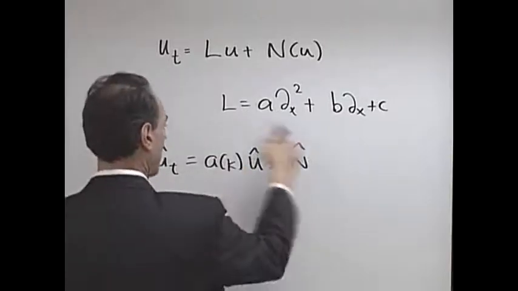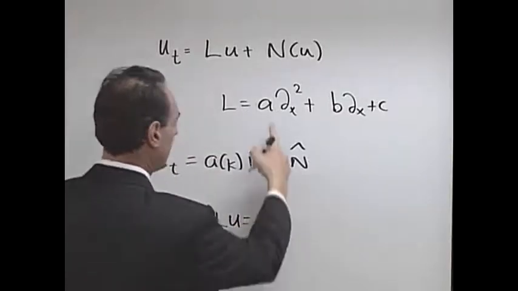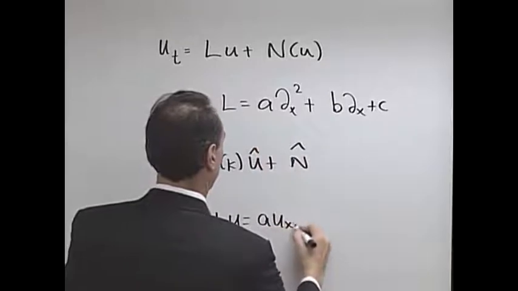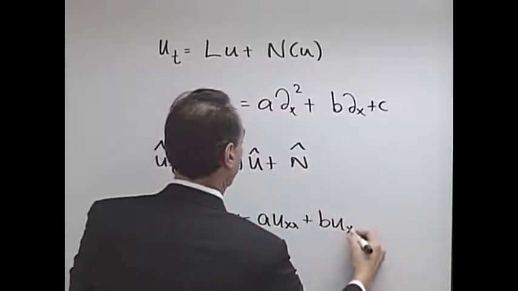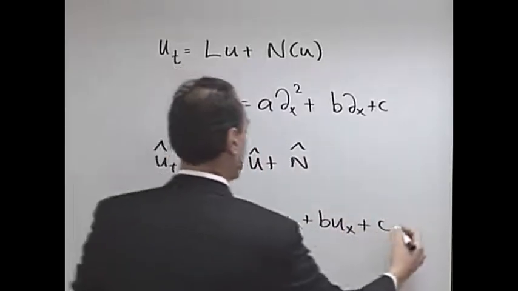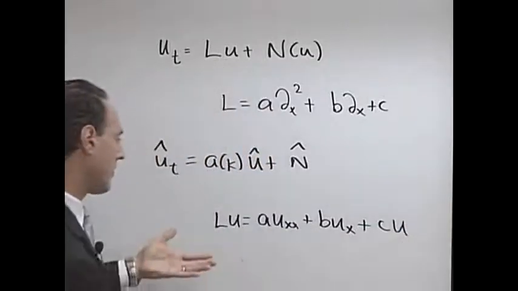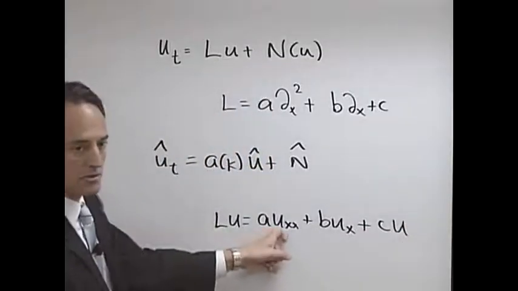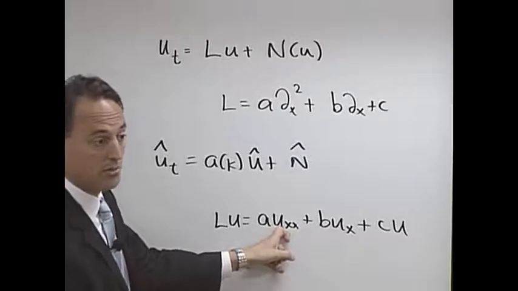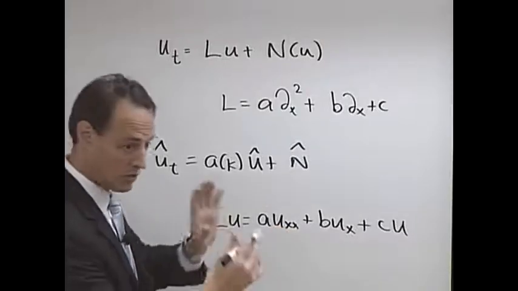Well, if I Fourier transform Lu, well, Lu is a times 2 derivatives of x, plus b times 1 derivative of x, plus c times u. And then you say, well, okay, if you Fourier transform that, what happens to derivatives? Two derivatives pull out an ik, and you square them.